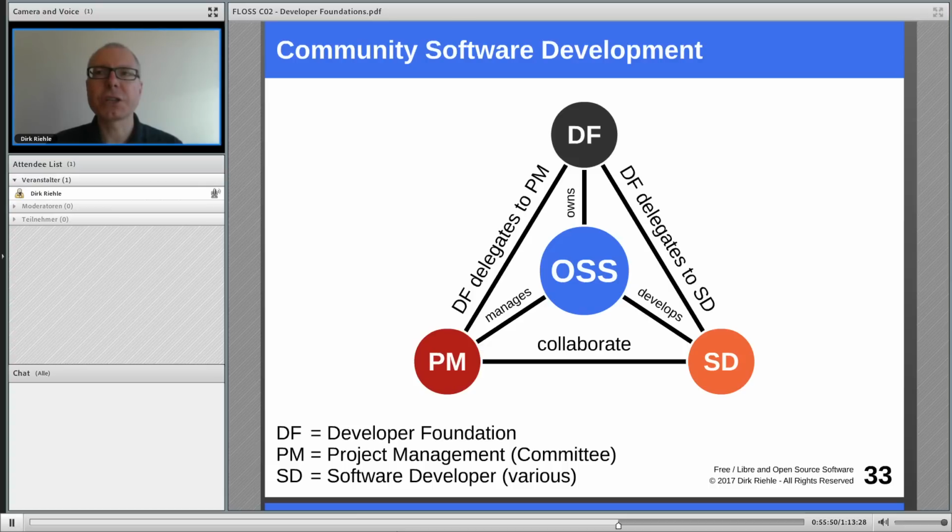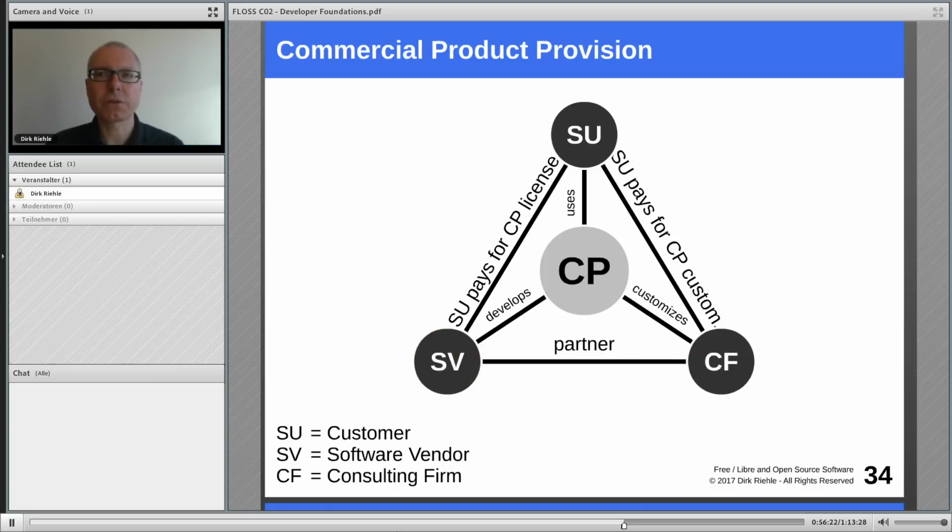The developer foundation delegates the management of the development of the community software to project management committees, as they're typically called. And then we have various software developers, contributors, committers who contribute and who develop the community open source software. These software developers are often employed by those companies who base their products and services on this community open source software.